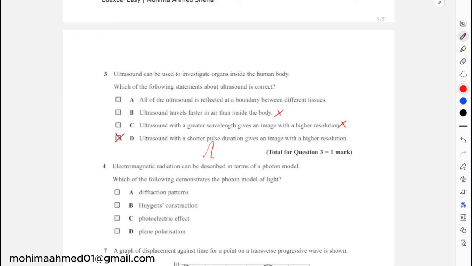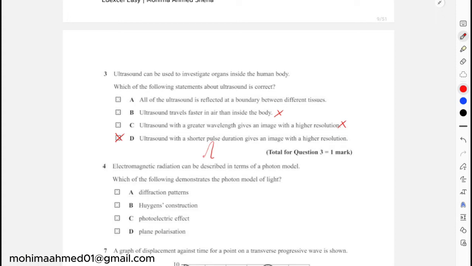And all of the ultrasound is reflected at a boundary between different tissues. This is again not a correct answer because we will apply a gel on top of that. Actually, they're talking about different tissues, which means inside the body. Inside the body, different tissues will not be a big matter because ultrasound has a very, very small wavelength.